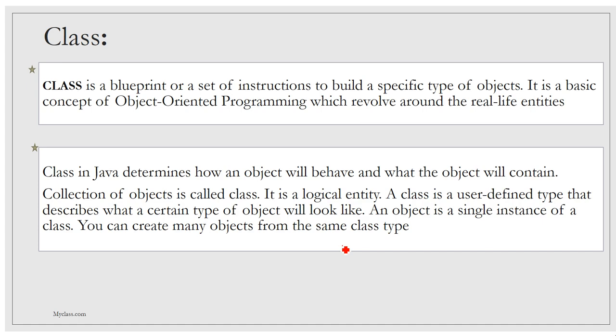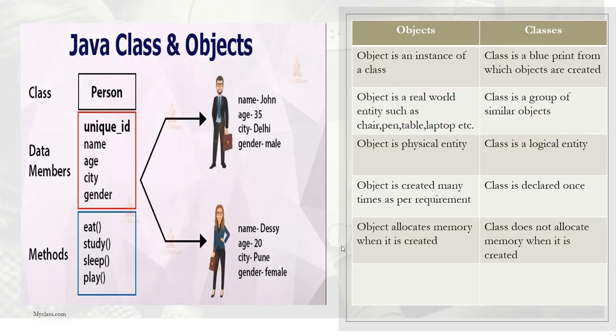Okay, let's see one example. Here I am going to explain a class Person. A class contains its data members and methods. Method means the function itself. In Java we use the word method for a function.